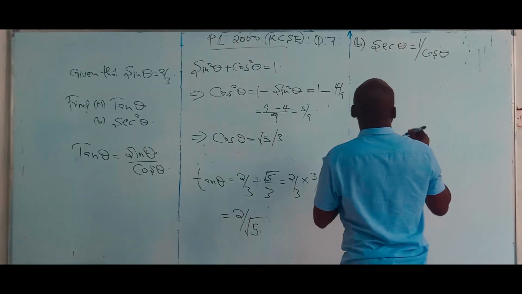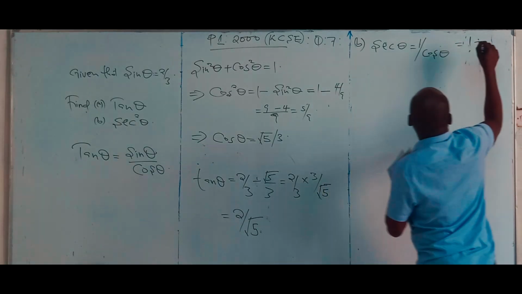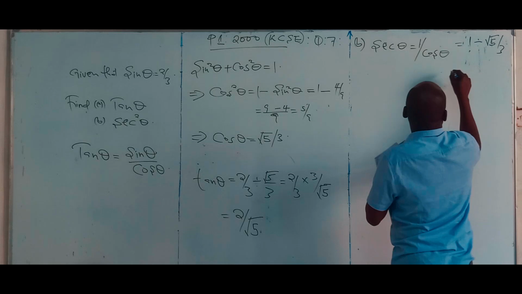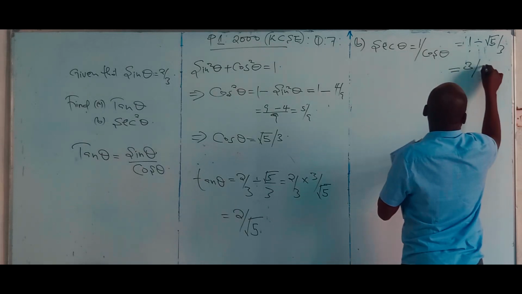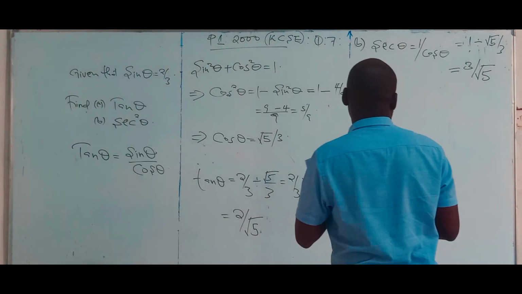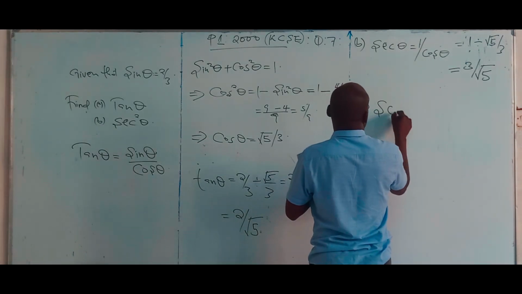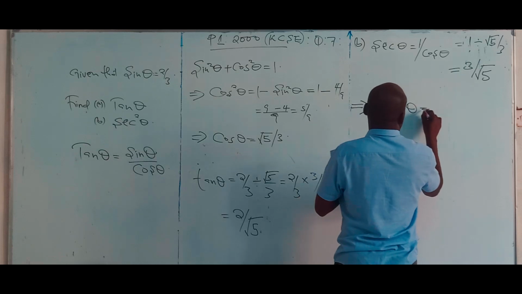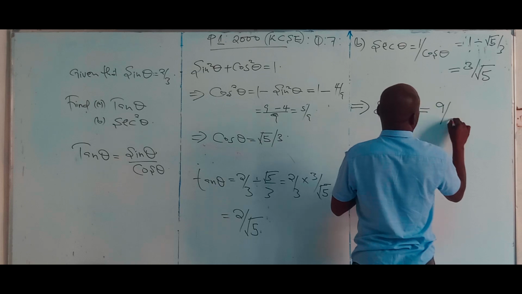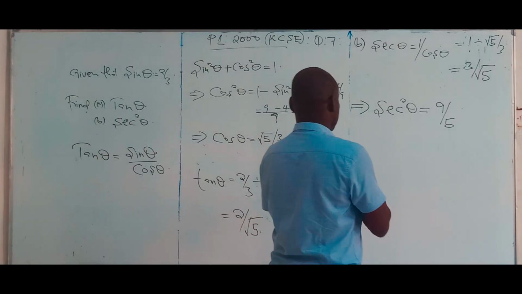So it's 1 divided by root 5 over 3, which is 3 over root 5, the reciprocal, which is sec theta. So sec squared theta is this squared, which is 9 over 5. That is sec squared theta.